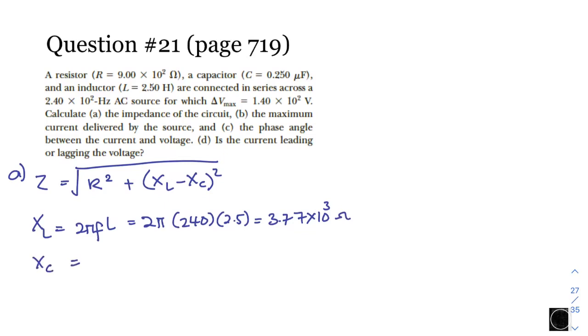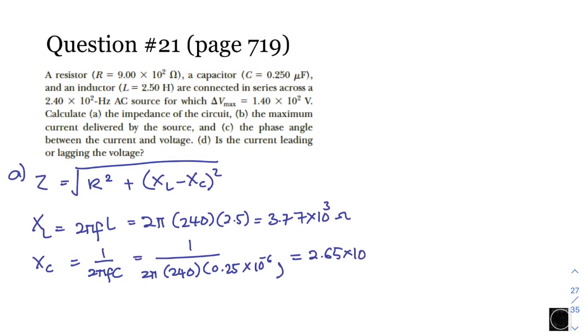For XC, it is 1 over 2 pi fC, equivalent to 1 over 2 pi. F is 240, your C is 0.25 times 10 to the power of negative 6 farad, which gives you 2.65 times 10 to the power of 3 ohm.